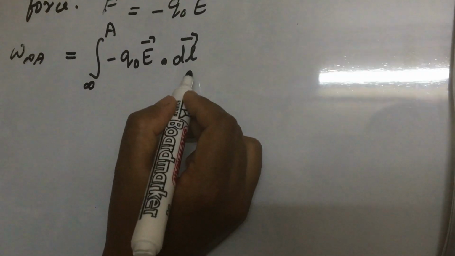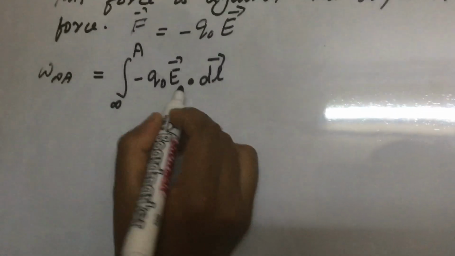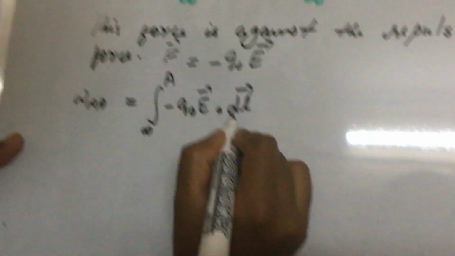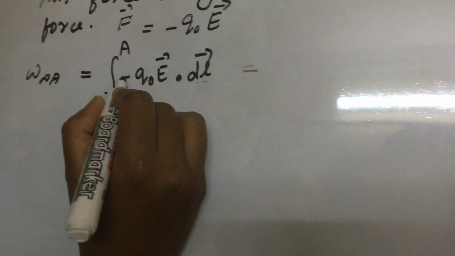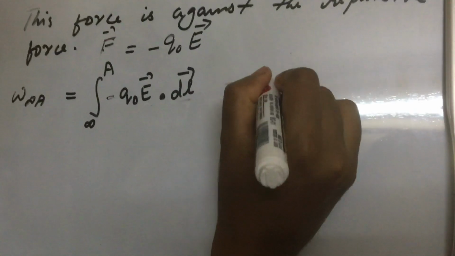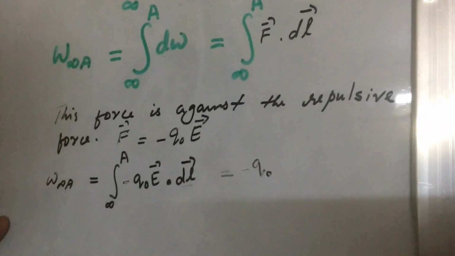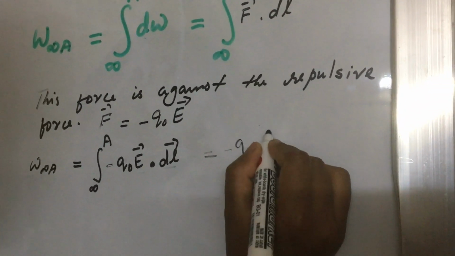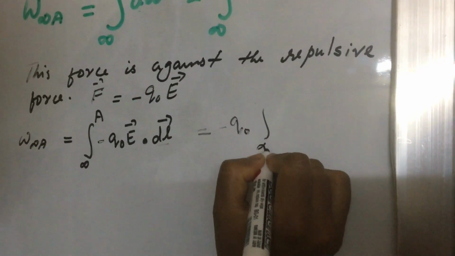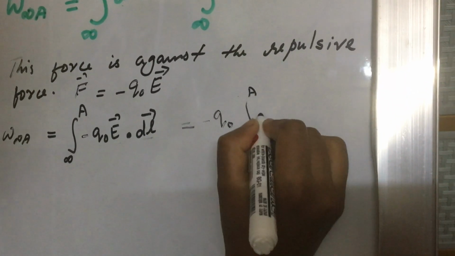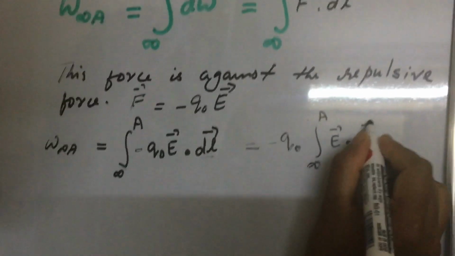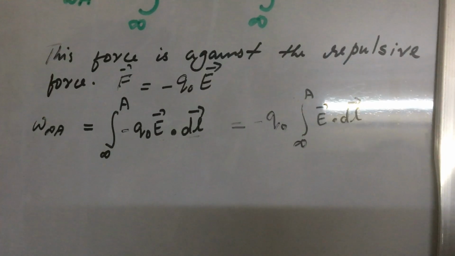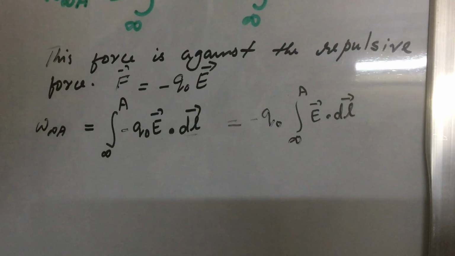Now, minus Q0 is a constant, so we can take it out from the integration, and from infinity to A it remains as E dot dl, right? What is the angle between electric field and dl?